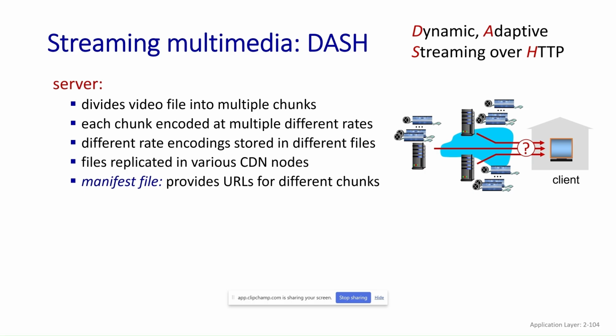What we do in DASH is that the server divides the file into multiple chunks. If I have a video file, the video file will be divided into multiple chunks.